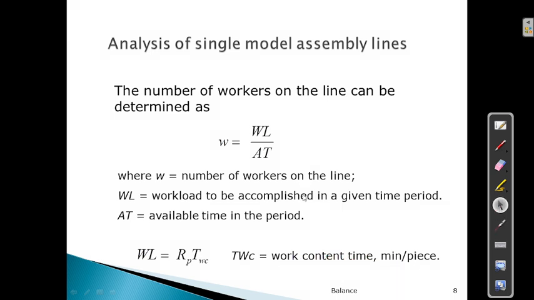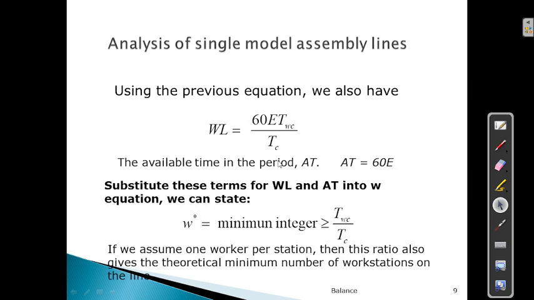So from these data we get WL. The available time in that period AT is equal to 60E. 60E here is nothing but the available time. So substitute these forms for WL and AT into the w equation.